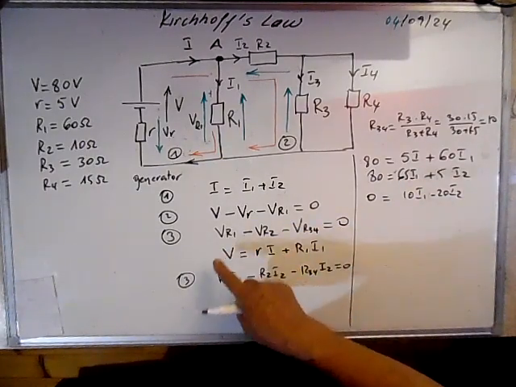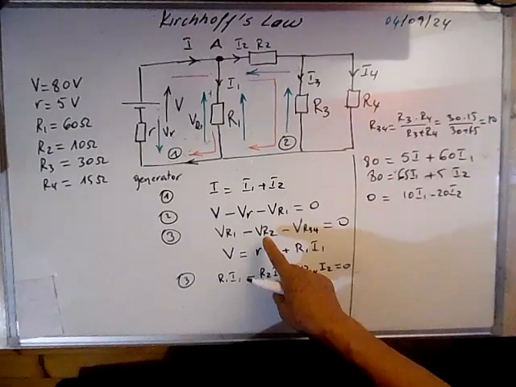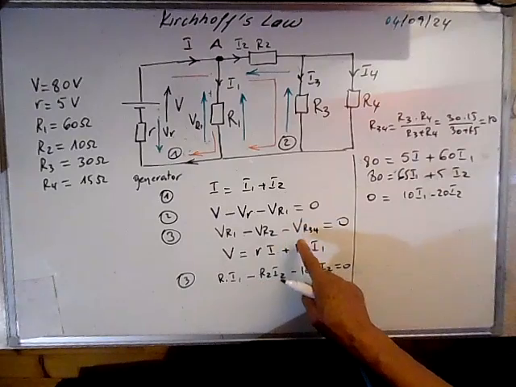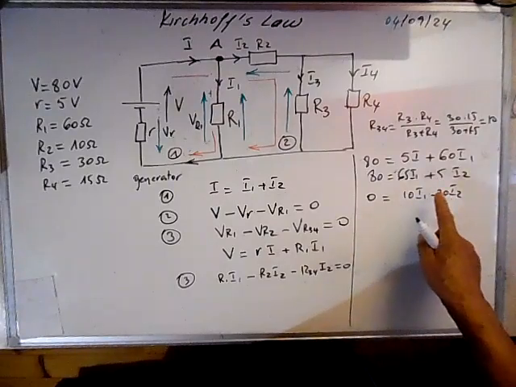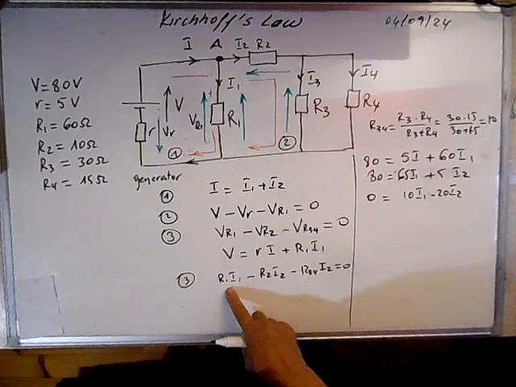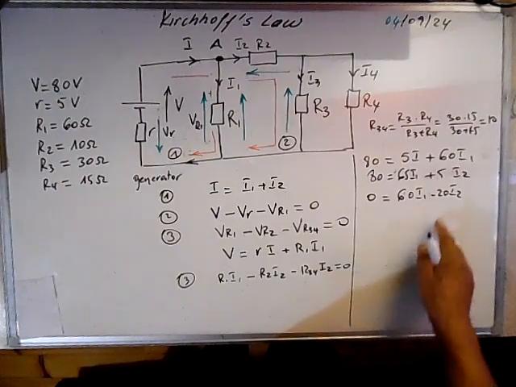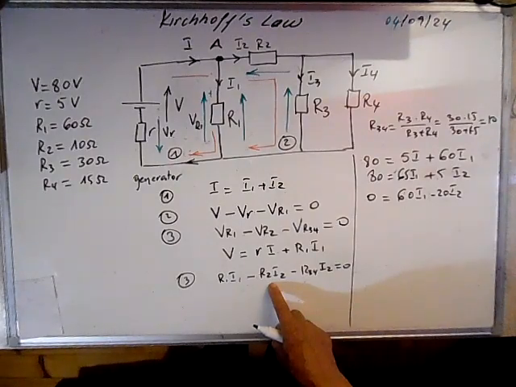I check the first equation. 80 is equal to 5I plus 60 I1. Good. Okay, the second one is 0 is equal to R1, is 60, and here we have 10 and 10, so we have minus 20 I2.